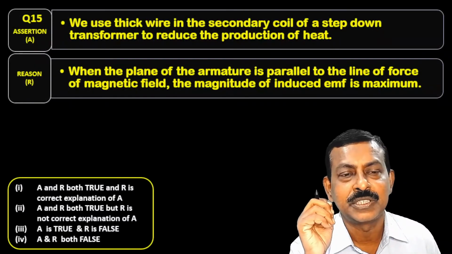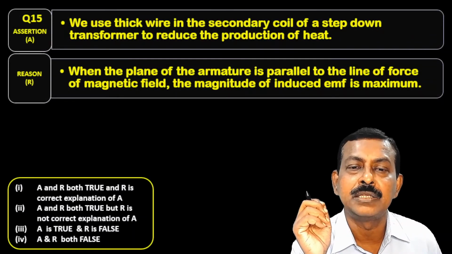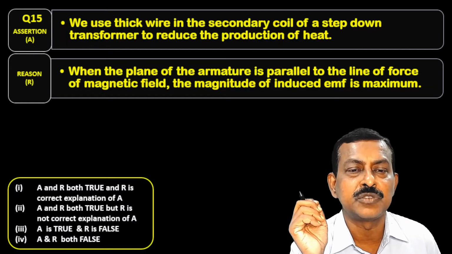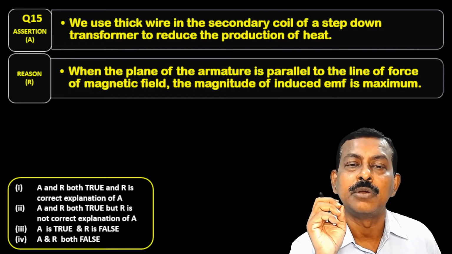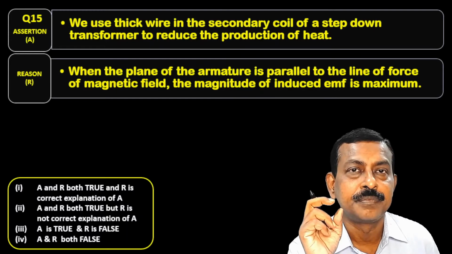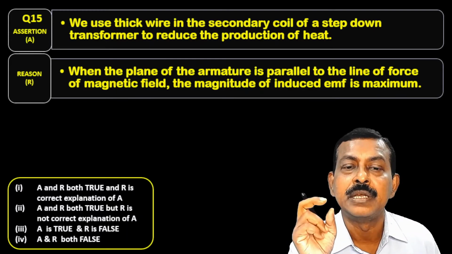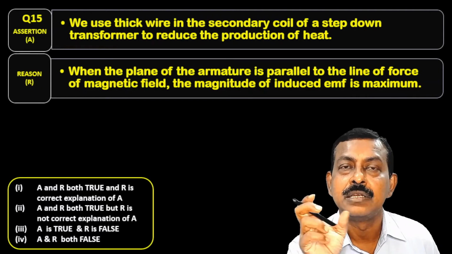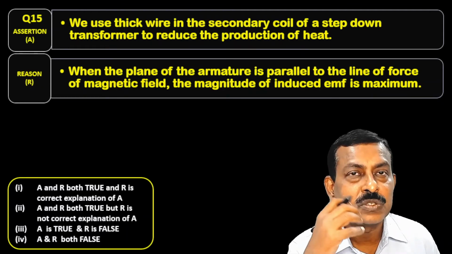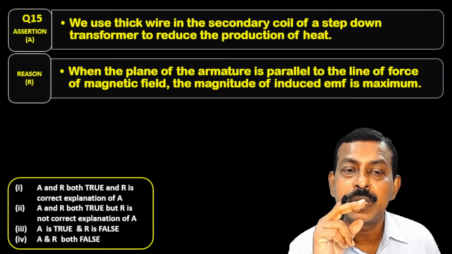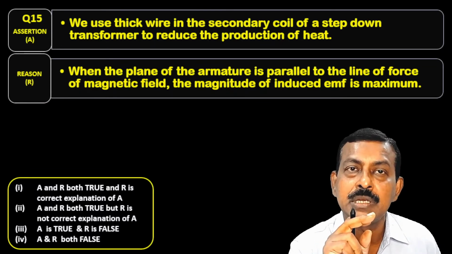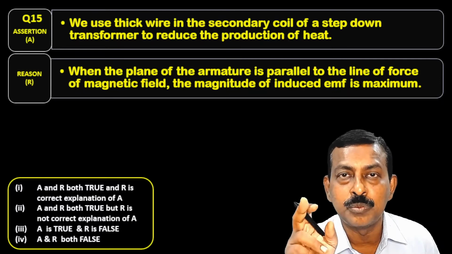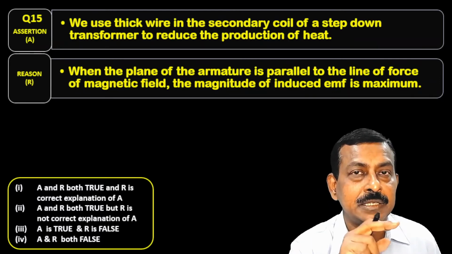Let's take the next question. We use thick wire in the secondary coil of a step-down transformer to reduce the production of heat. Now, if you are using thick wire, what will happen? If it is a thick wire, obviously the resistance will be less. Remember, in a step-down transformer, the voltage in the output will be less than in the input.